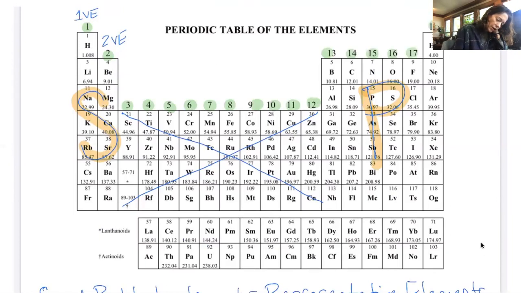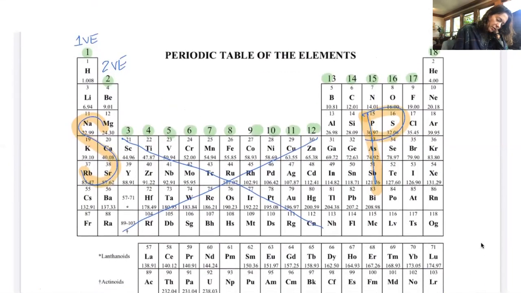That's actually the numbering system for B. I could also number this 1A, 2A, 3A, 4A, 5A, 6A, 7A, 8A.